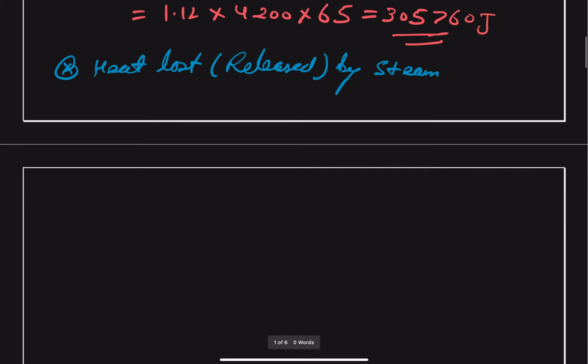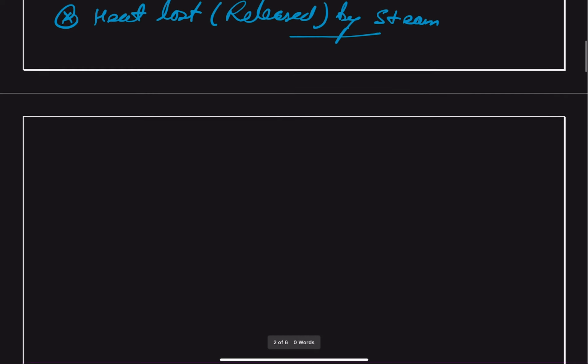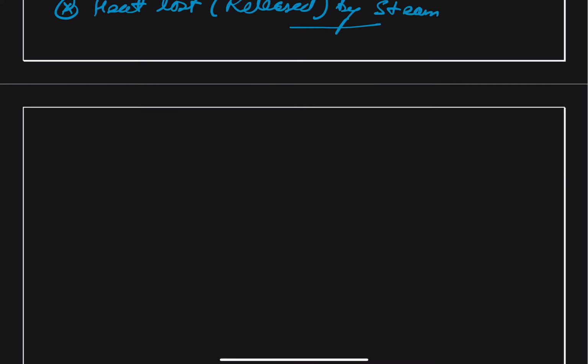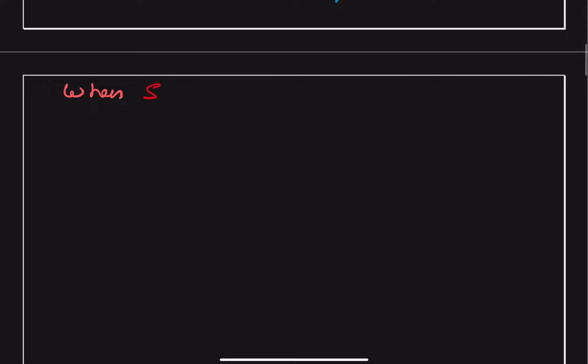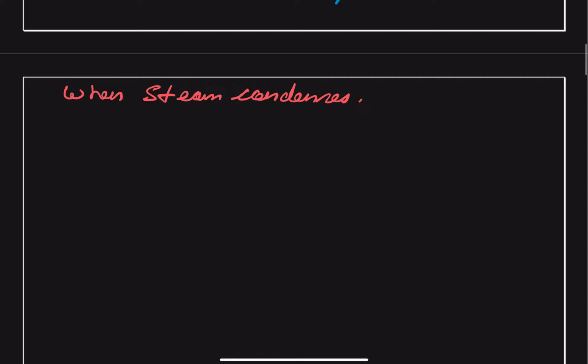When steam condenses, it releases energy in two stages.